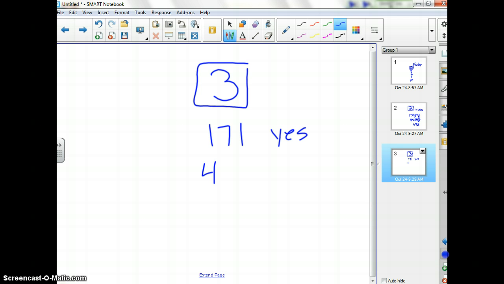Let's keep doing this here. Okay, Natasha says yes. Tell me what you got when you added up those digits. 11. Does 3 go into 11? If we count by threes, do we hit 11? No, we don't. This is not divisible by 3.